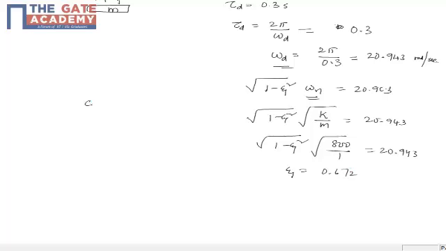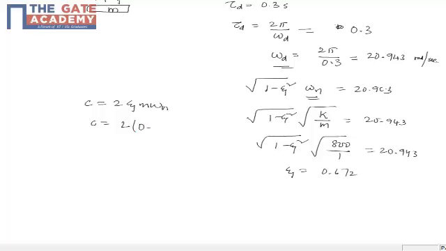So we need the damping coefficient, and the damping coefficient is defined in terms of damping ratio as 2 chi m omega n. These equations all come from the undamped math. If you look at the derivation of undamped oscillations, this will be clear.